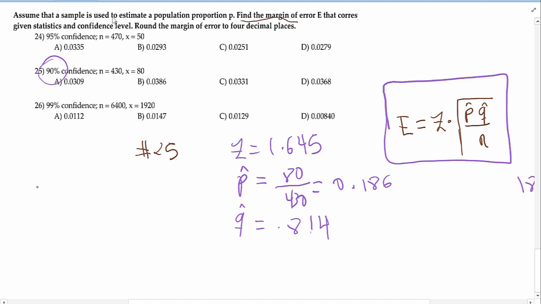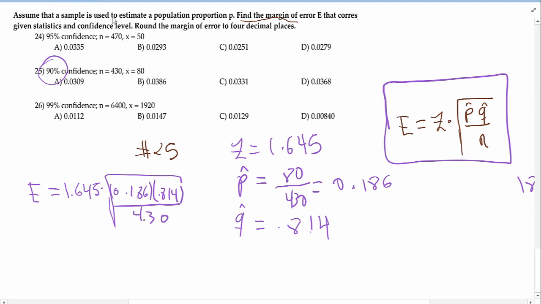So the E for problem number 25 is 1.645 times the square root of 0.186 times 0.814, everything inside the radical, divided by the sample size, which is 430.